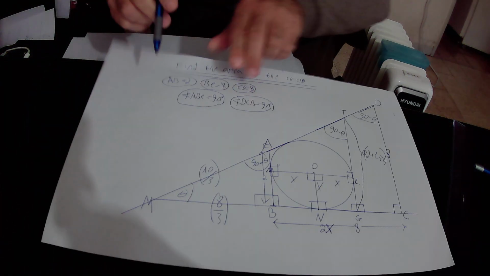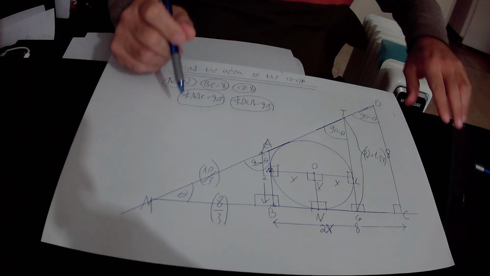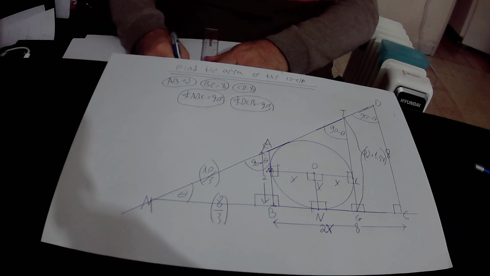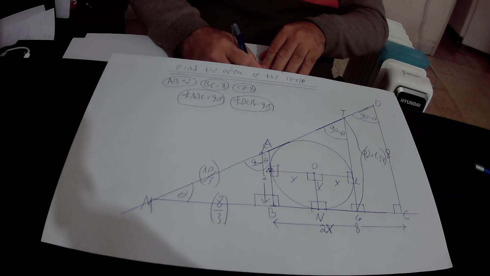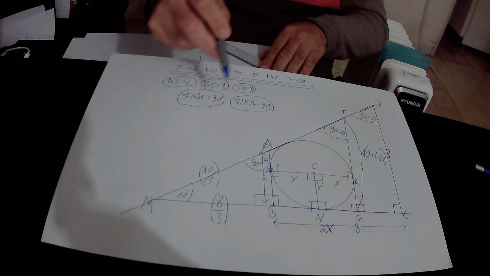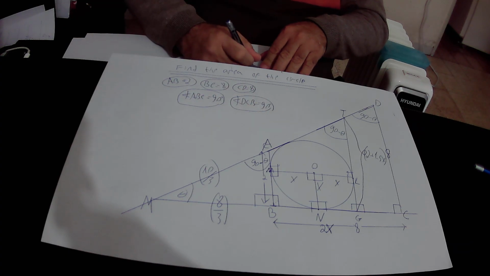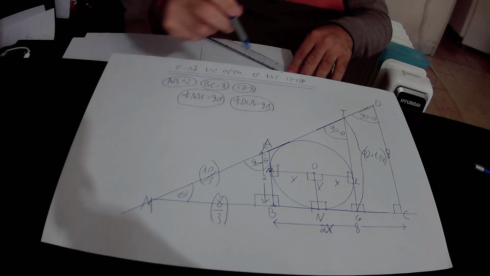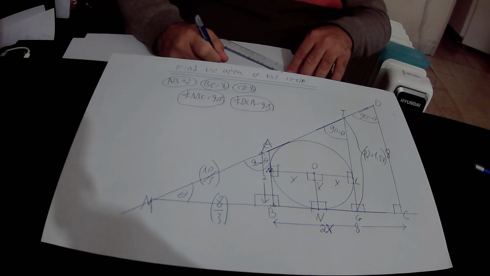We derive that MG in the big triangle over MB in the small triangle equals TM in the big triangle over AM in the small triangle.